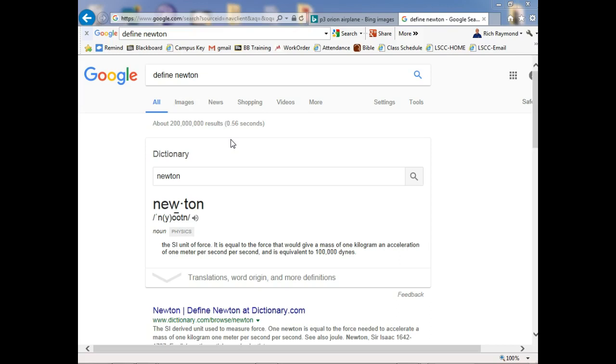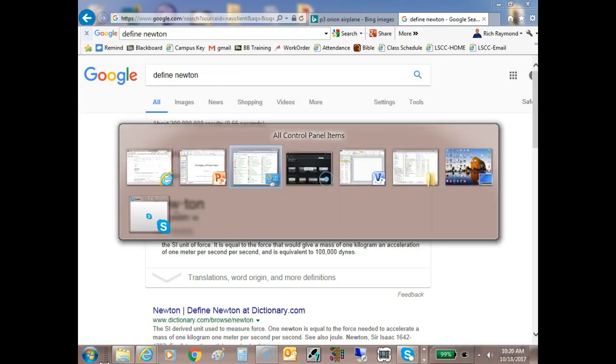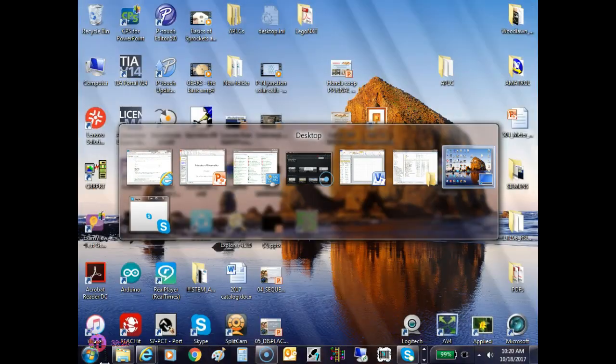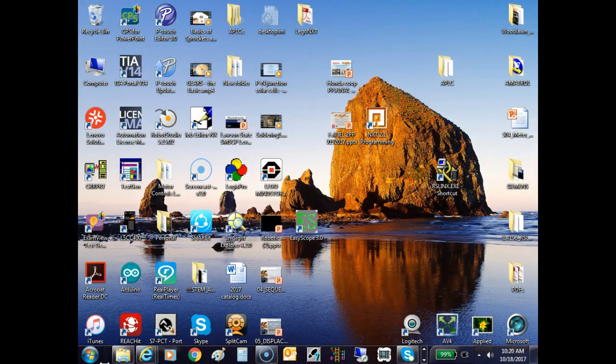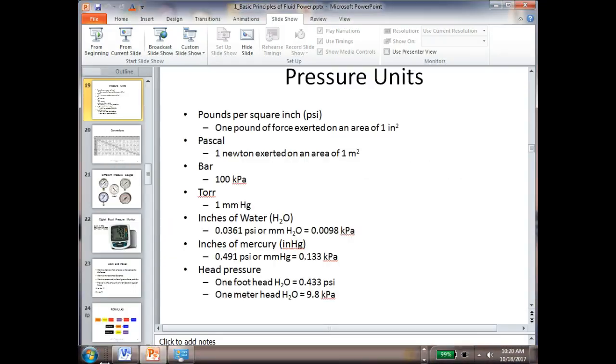So this is a Newton. So it's a measure of what? Force. Newton's law. That's a law of it. Are we okay? And it's in there. Where's my PowerPoint at? That's not it. Did I exit out of it? I guess I did.